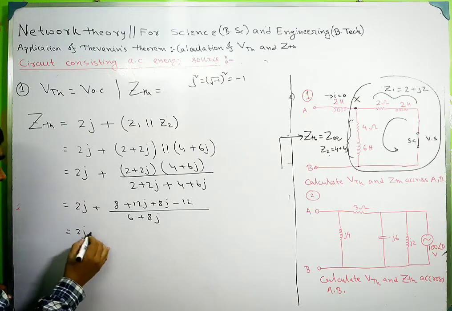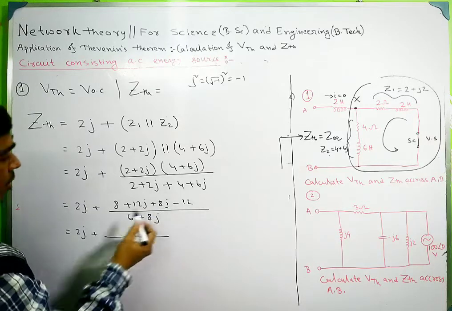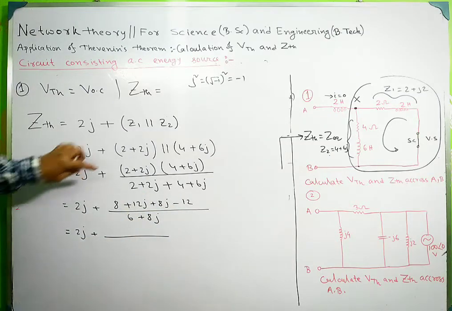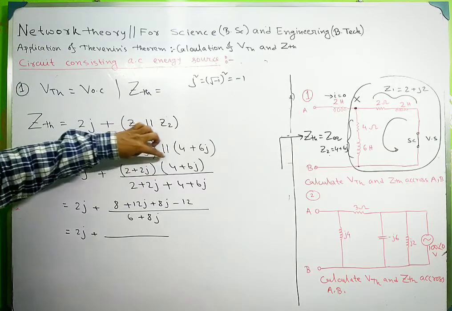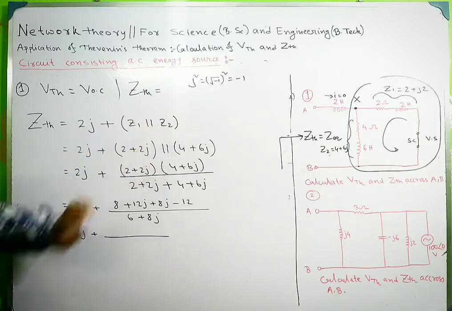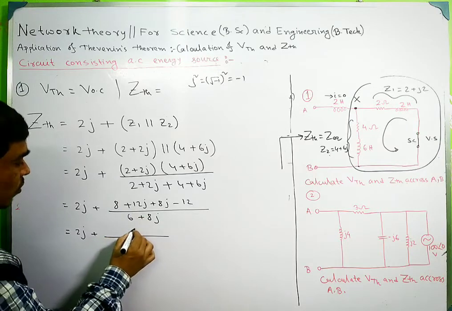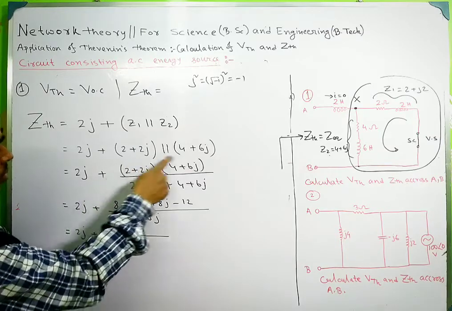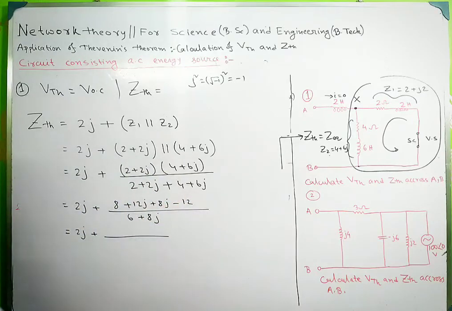So it is 2J plus, the numerator is 8 minus 12, which is minus 4, and 12J plus 8J, which is 20J.